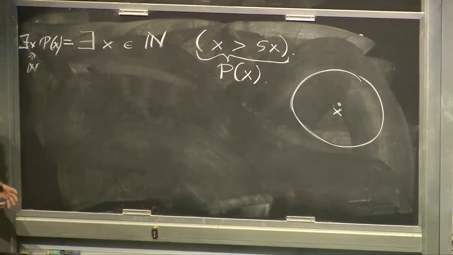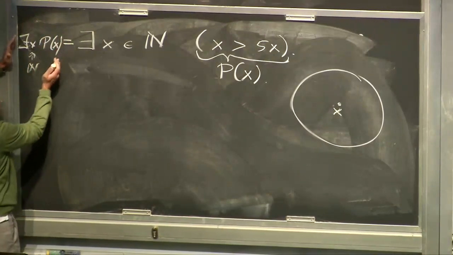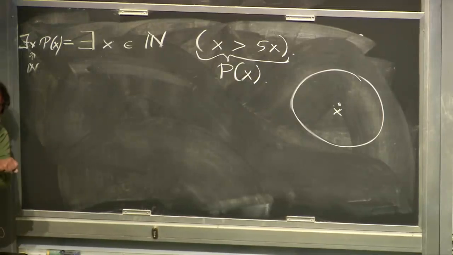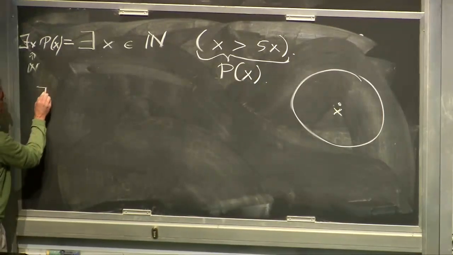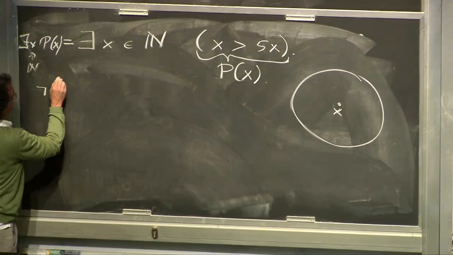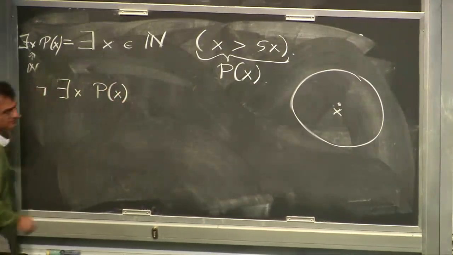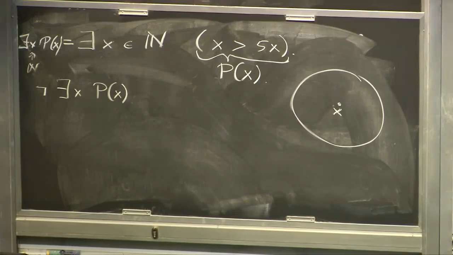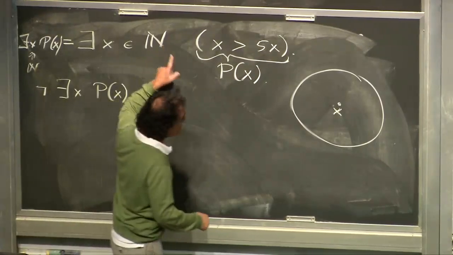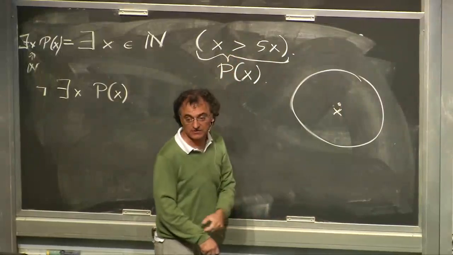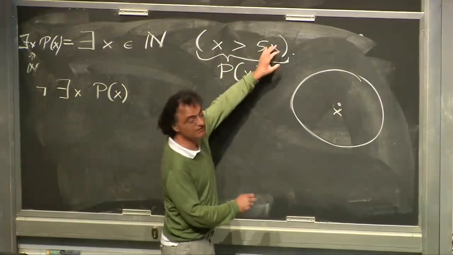Now I want to take this proposition. It is a proposition itself, either true or false. And I want to say, what if I negate it? What if I want to say, not there exists x, P of x? I'm trying to say it's not the case that there's some x such that P of x holds, that x is greater than 5x.